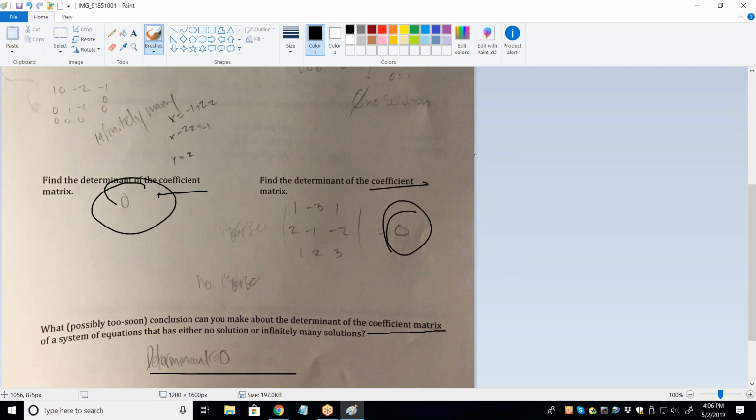I don't know for sure, but you can see what happens when you have a row of zeros. The determinant's going to be 0, whether it's 4 zeros or 3 zeros. Remember what the determinant is. It's that times the next one with a 0, minus that has a 0, minus that has a 0.